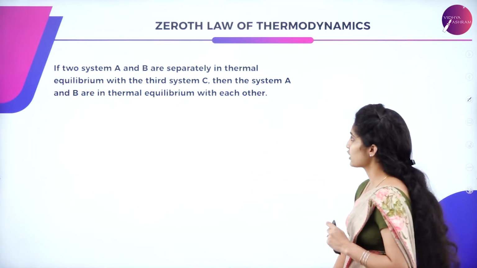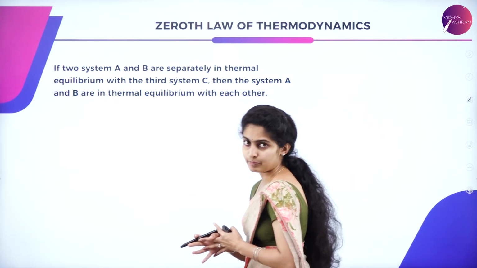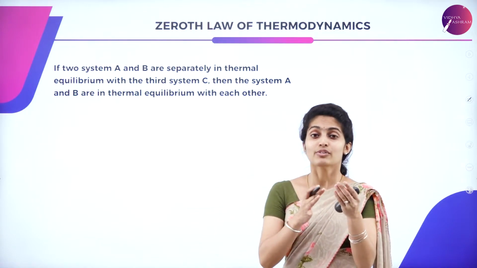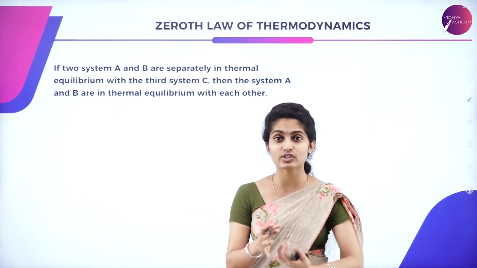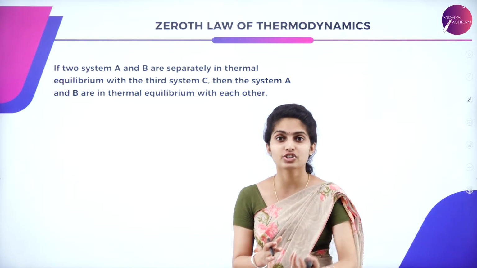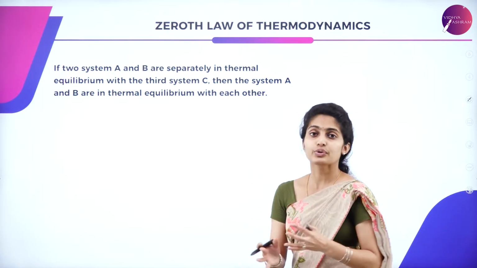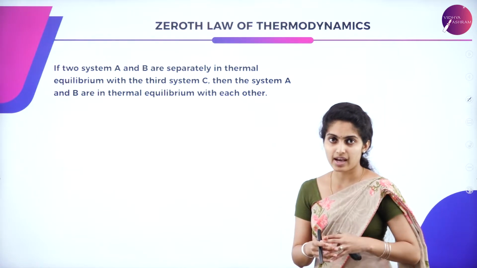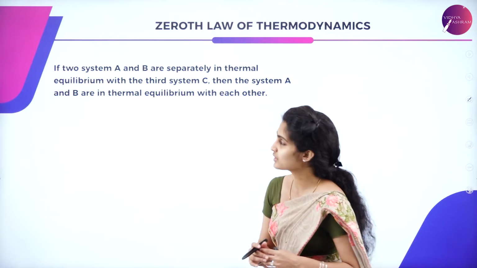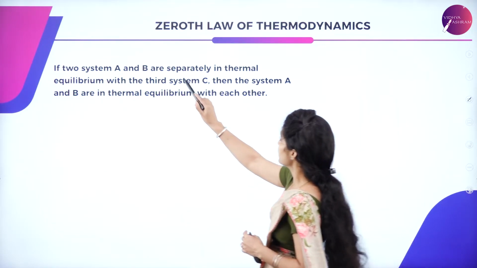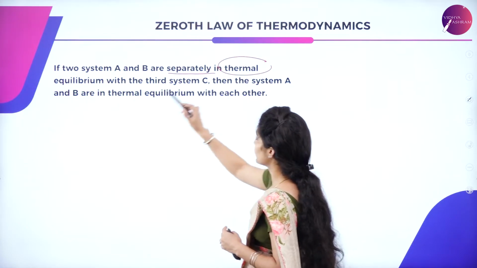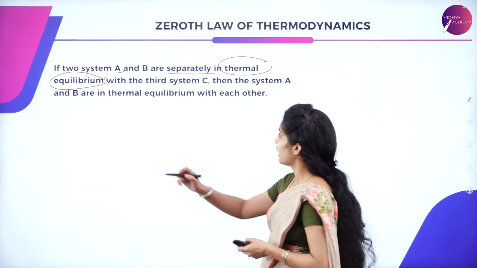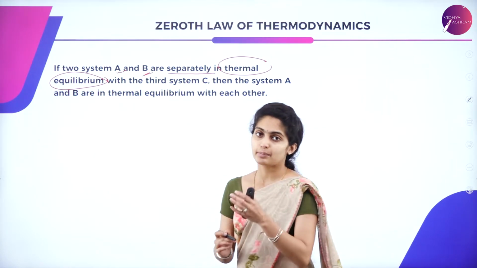Let us read the statement: if two systems... As I told you, a thermodynamical system is a system which has the variables of temperature, internal heat energy, pressure, volume, etc. Here the two systems are named A and B, which are separately in thermal equilibrium. That is, system A has its own thermal equilibrium and system B also has its own thermal equilibrium.